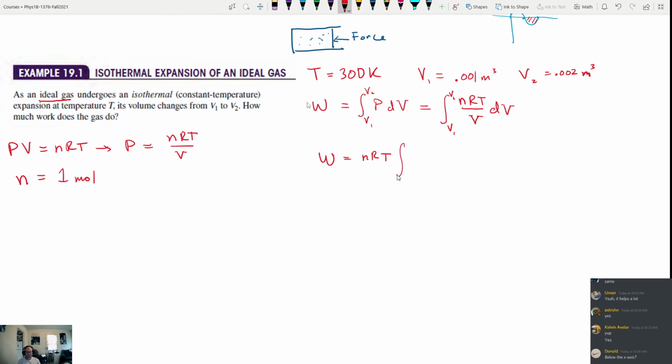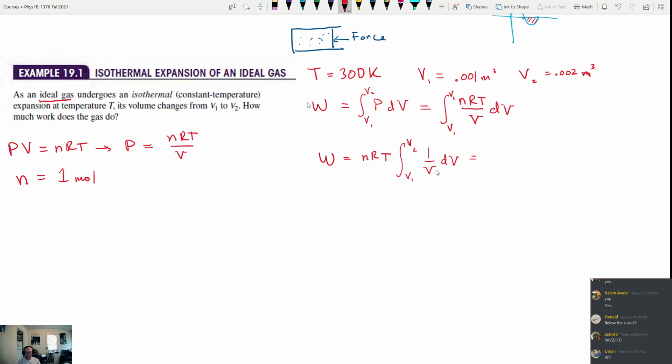So then we're just integrating from volume 1 to volume 2, 1 over V dV. All right, what is this equal to? The natural log of V2 over V1, that's right. The integral of 1 over V dV is natural log.